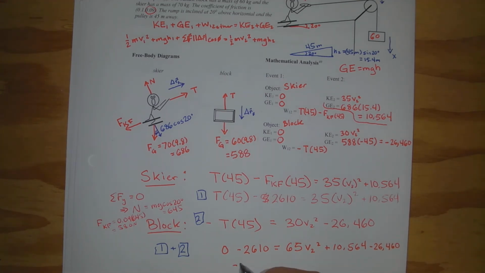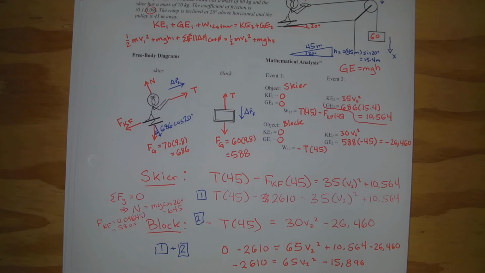And then I can say minus 2,610 is equal to 65 times V2 squared. 10,564 minus 26,460 gives me negative 15,896. Then I can add that to both sides.